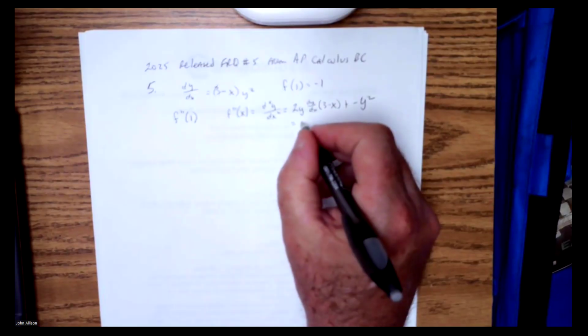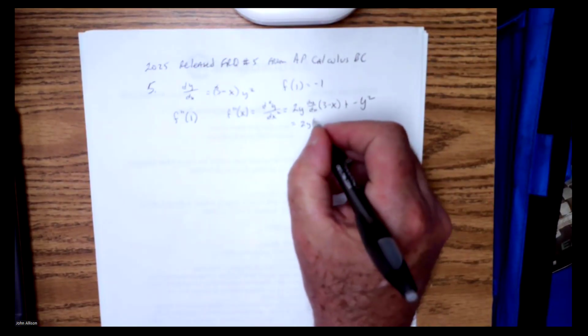That's y in terms of x, so we don't have vectors or parametric or anything like that yet. So negative y squared. So that equals 2y times (3 minus x) times dy/dx, minus y squared.